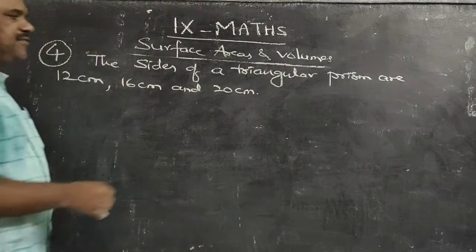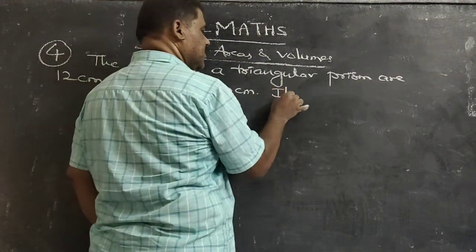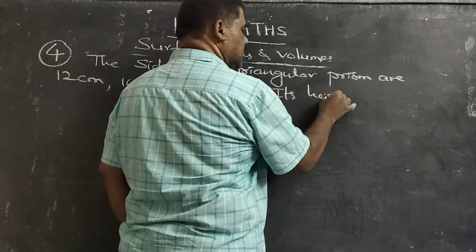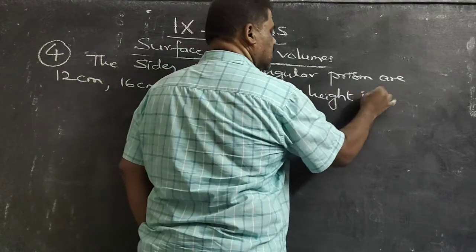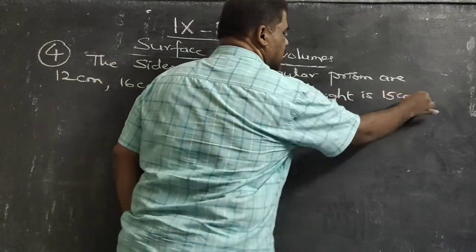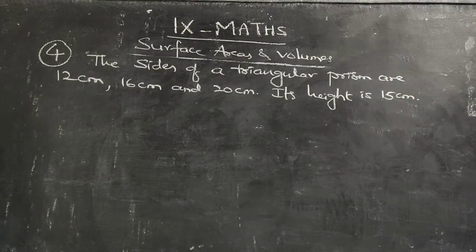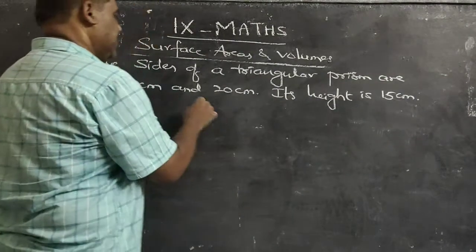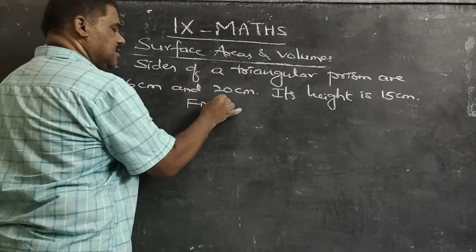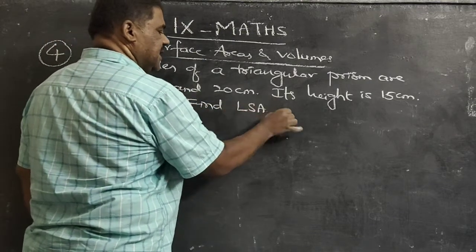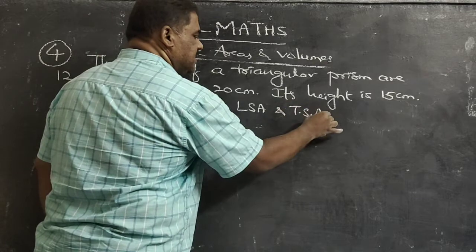Its height is 15 centimeters. Find LSA and PSA of the prism.